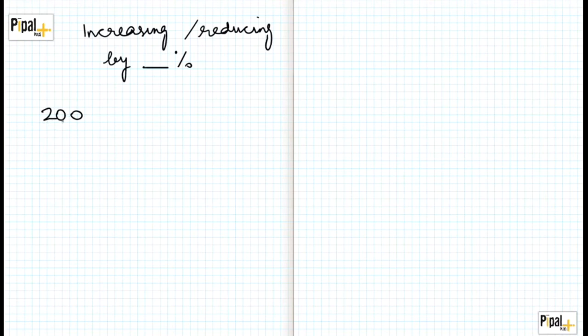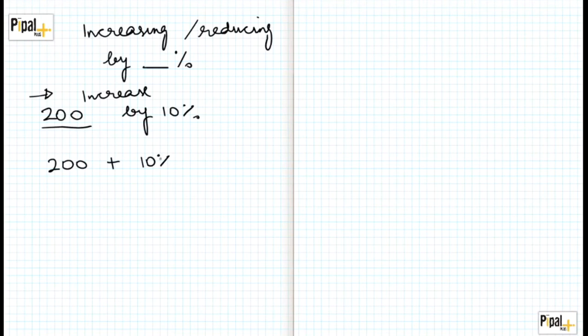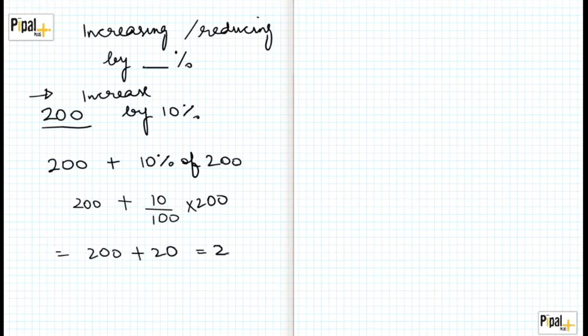Now if somebody tells me to increase the number 200 by 10%, essentially what I'm being asked to do is to the original number add 10% of the same number, right? Now one way could be I could calculate this part, which is to 200 I will add 10% of 200, which will become 200 plus 20. My answer is 220, right?